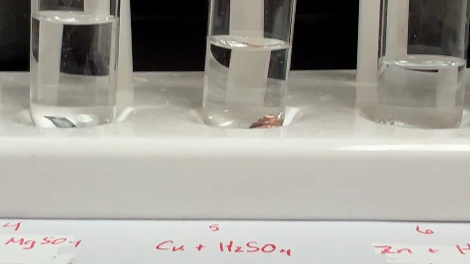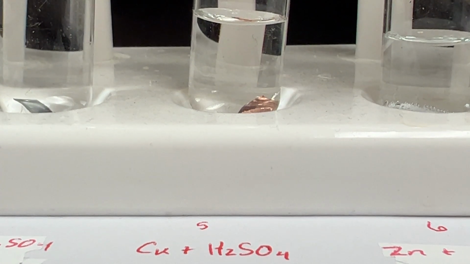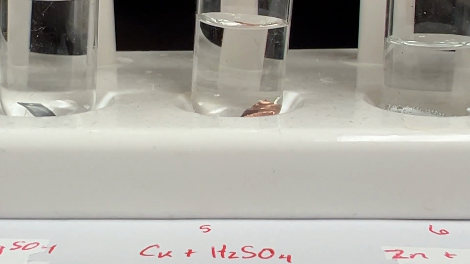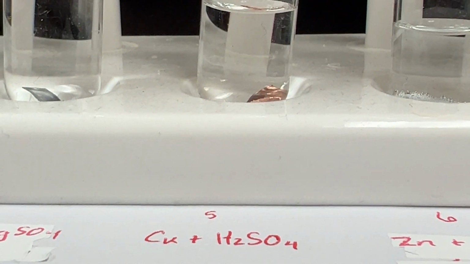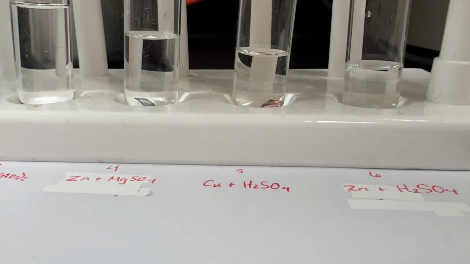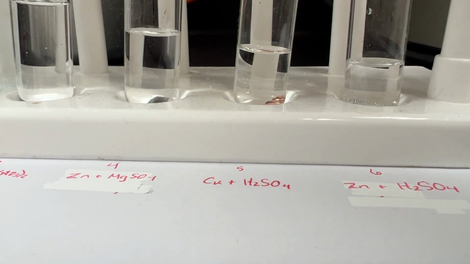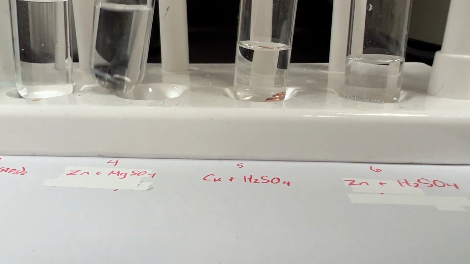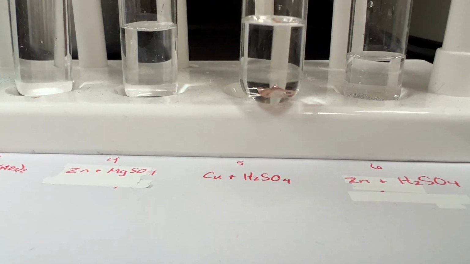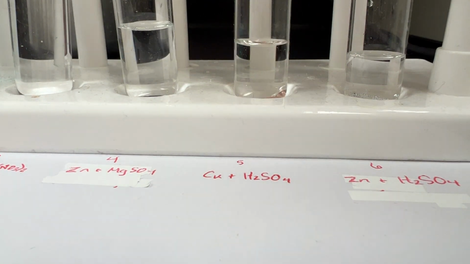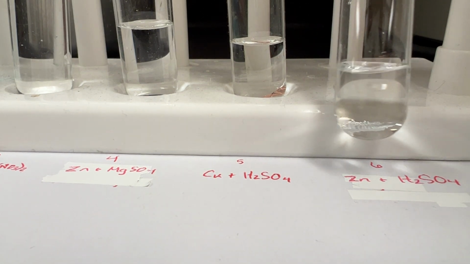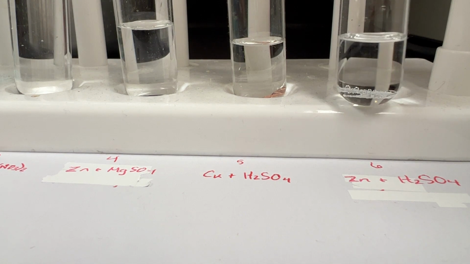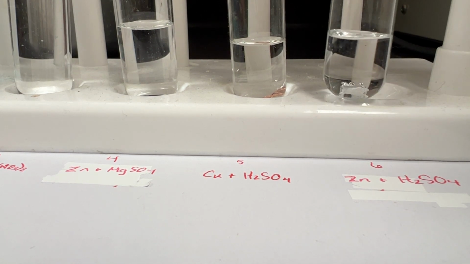Maybe I'll set this on the counter so it is not so bouncy. In this one, I am not really seeing anything at all. In this one, not really either. In this one, I am seeing some bubbles forming on the surface of that metal.